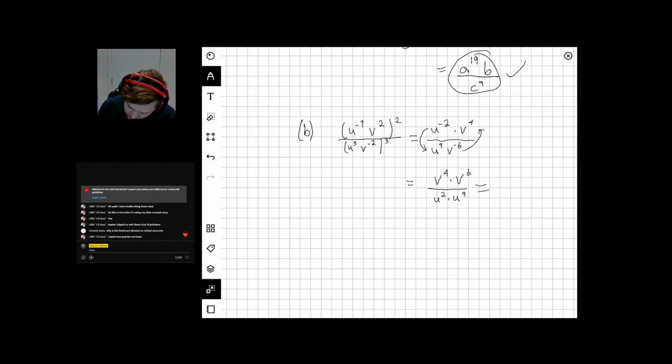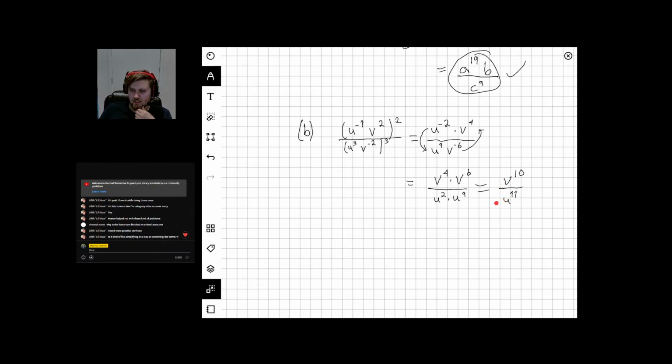And then by the definition of exponents, v to the 10, 6 plus 4, u to the 11. And these are different variables, so we can't do anything there.